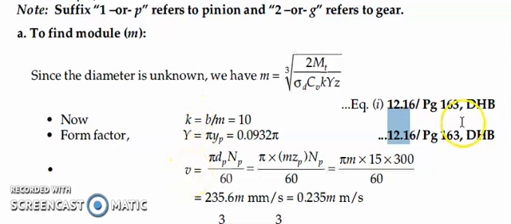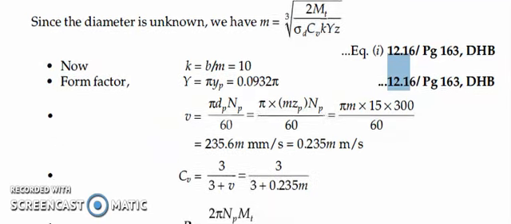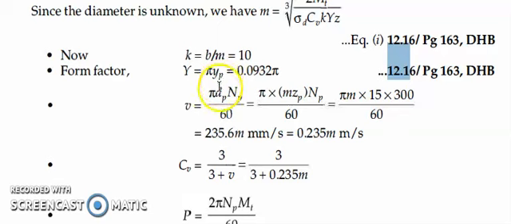Next, what is v? V is the velocity, that is pi d n by 60. Here the value of d we can calculate using the module. We know that module is the ratio of the diameter and the number of teeth. Using that equation we can find the value of d.